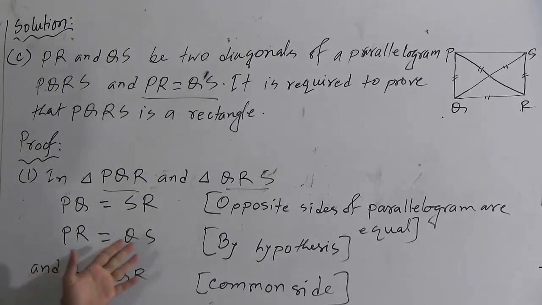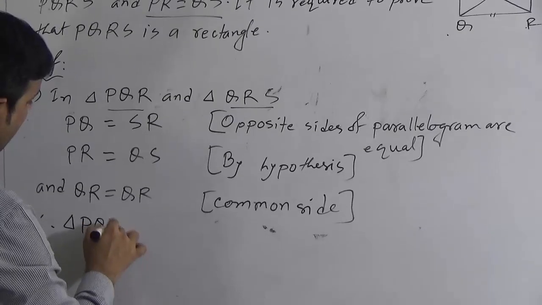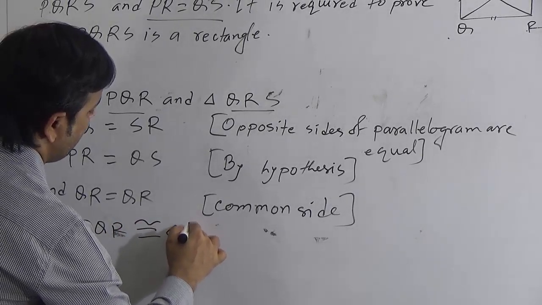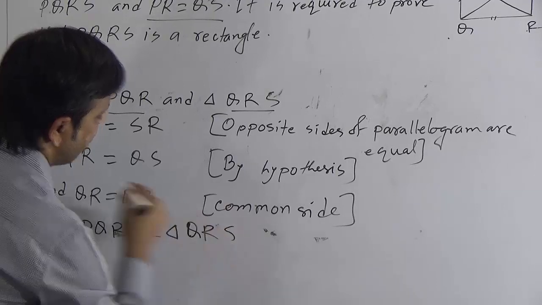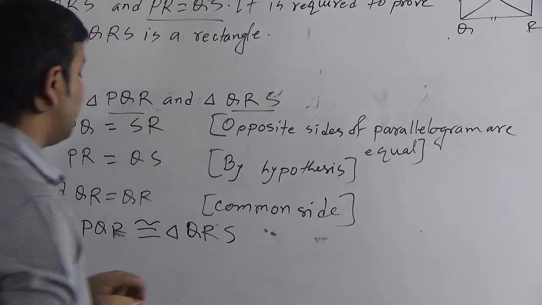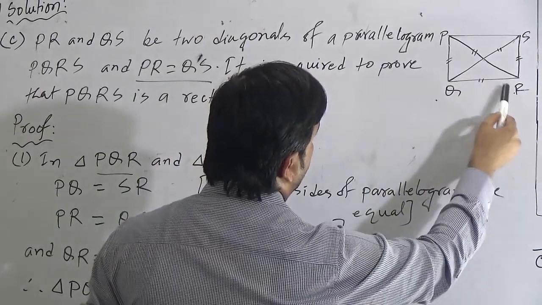It means that by the side theorem of congruency of triangles, we can say triangle PQR is congruent to triangle QRS.